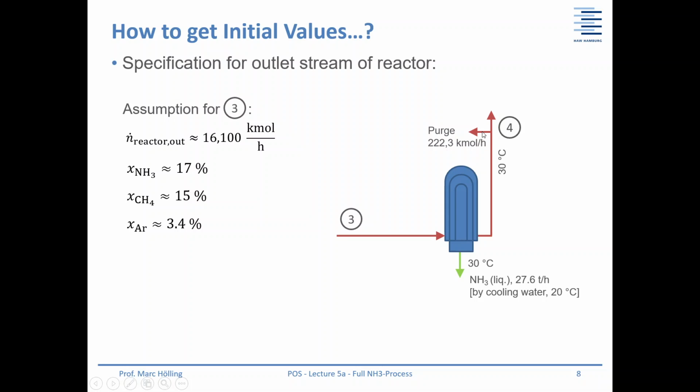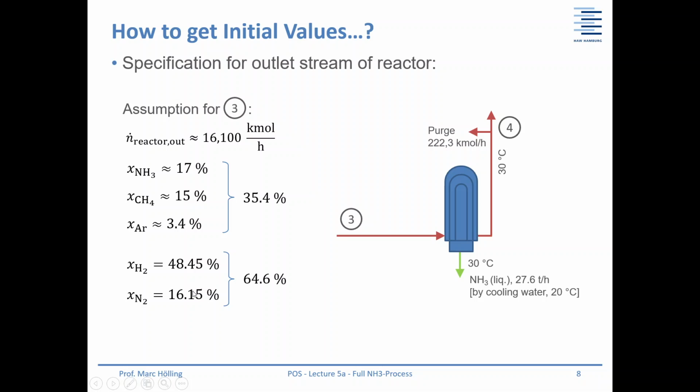The mole flow is a little bit increasing if you go from 4 to 3, so the mole fraction of methane and argon should be a little bit lower. So let's say 15 and 3.4. Then we can sum it up: 35.4% is occupied by ammonia, methane and argon. This means the rest should be hydrogen and nitrogen, so 64.6%.